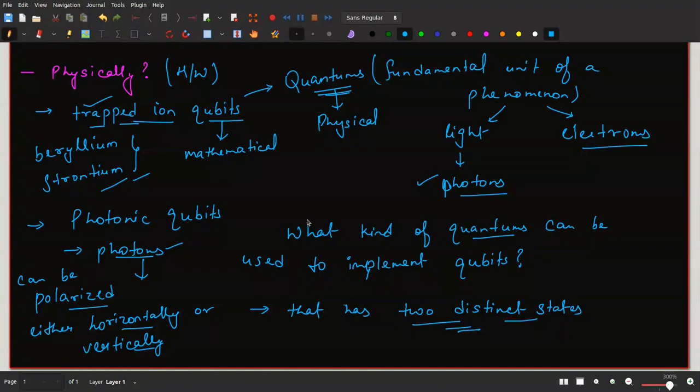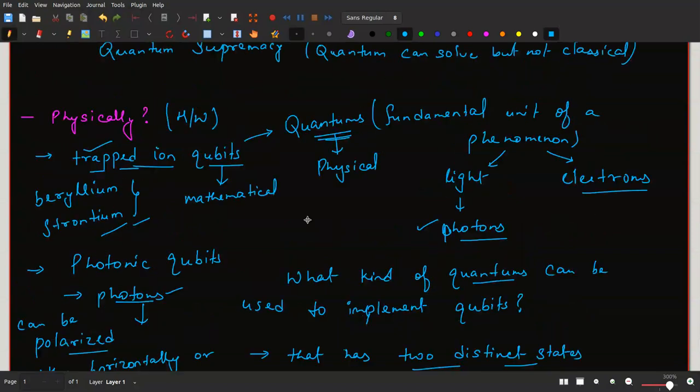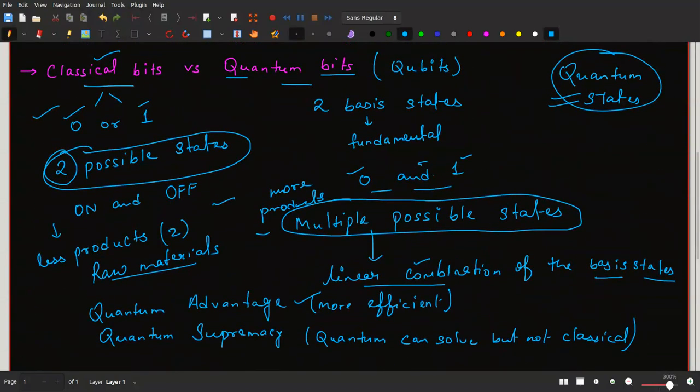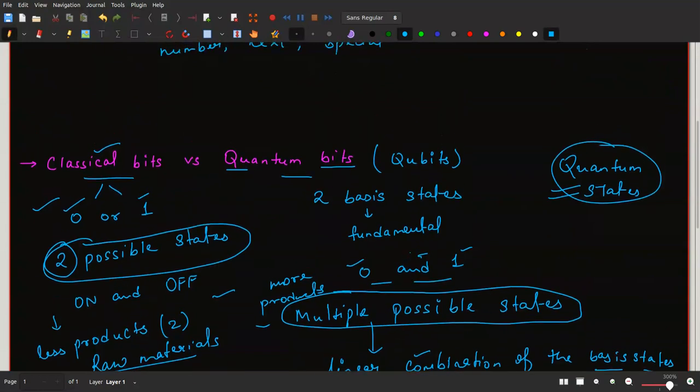So this was all about qubits, and in the next lecture I will be discussing the linear combination. This linear combination is becoming possible due to some principle that comes from quantum mechanics. I told you in the previous lecture that we are going to use principles of quantum mechanics which are utilized here in quantum computing.